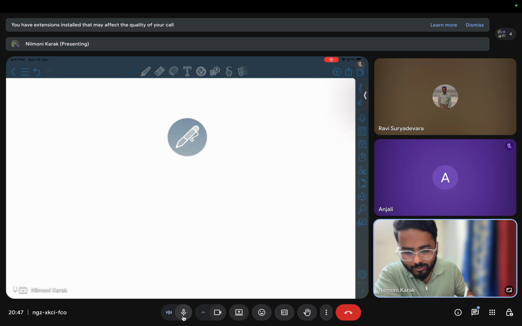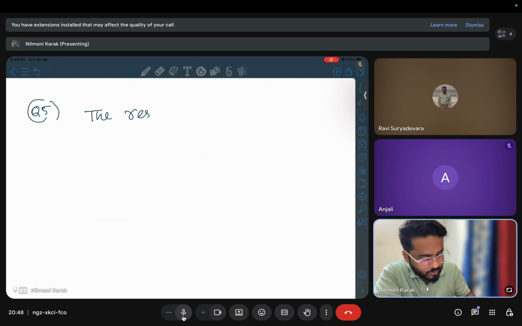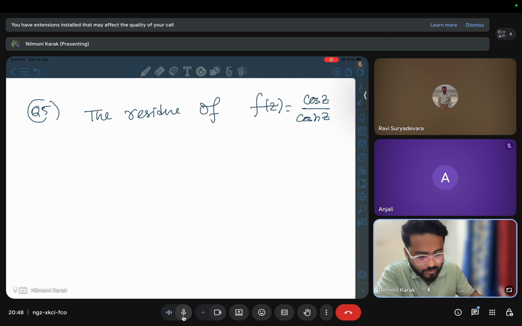So sometimes you need to calculate the residue of a complex valued function. The residue of cos z by cos hyperbolic z at the point i pi by 2.